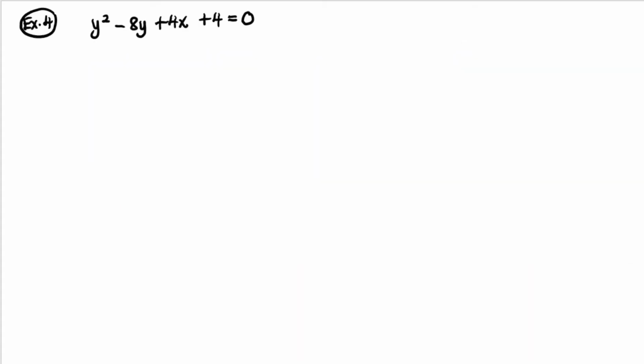Now suppose we have this form of equation. What should we do? We should know that y is squared here, so the parabola opens to the right or to the left. What we should do is put y on one side and x on the other side, so we have minus 4x minus 4.